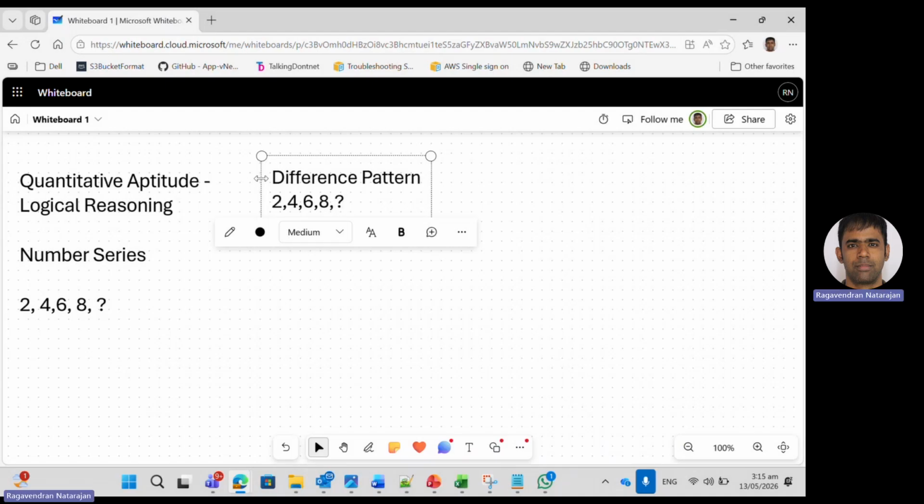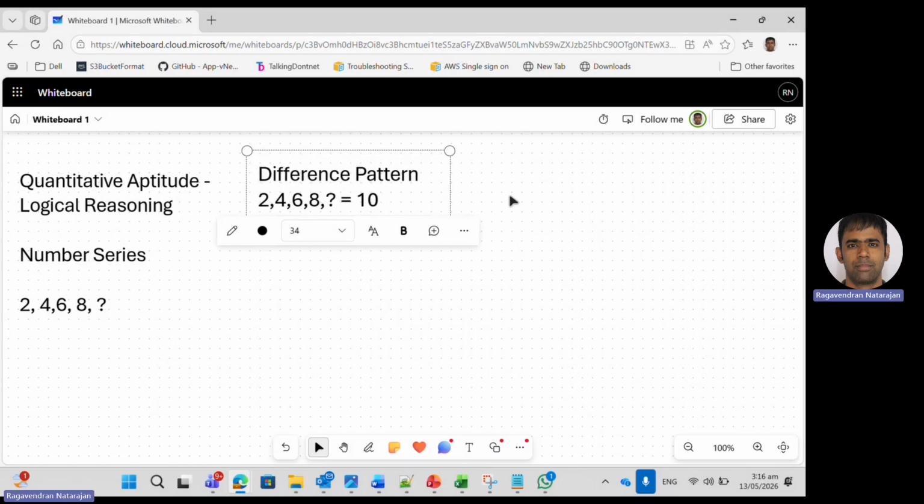When you look at this series of numbers, the difference between two consecutive terms is constant. 2, 4, 6, 8. Between two consecutive terms, the difference is plus 2. It increases by 2. So the next number would be 10.